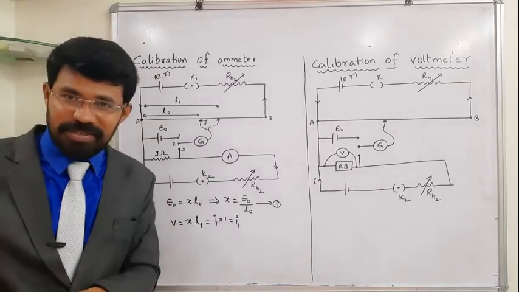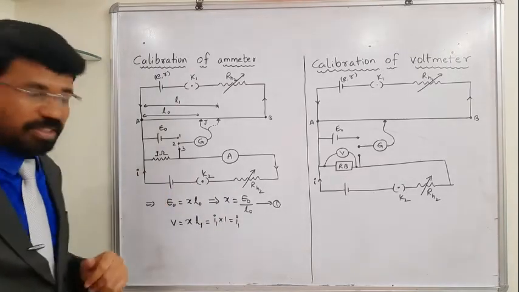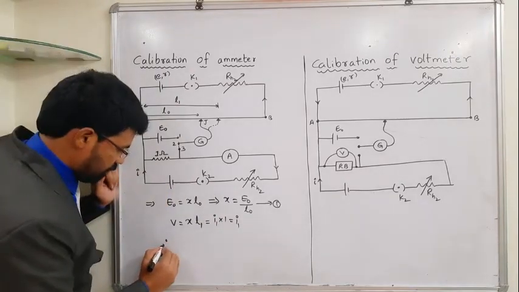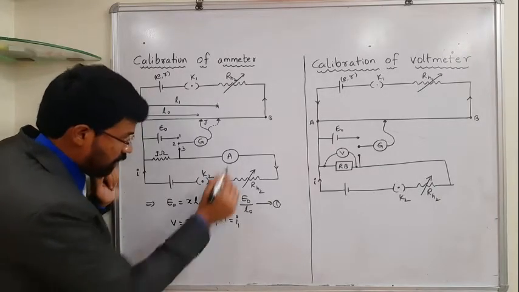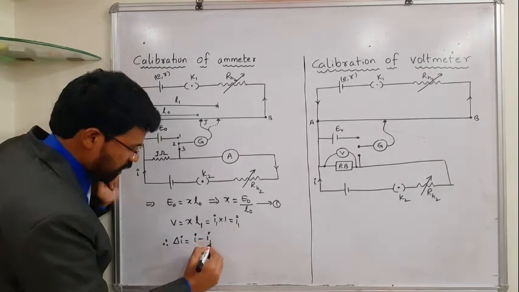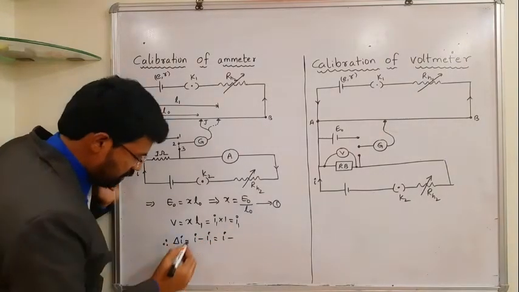That's what the error is. This is the current shown by the ammeter, and this is the actual current passing through the resistance. So the error delta I is equal to the current shown by the ammeter minus the actual current. The current shown by the ammeter I take as I only, minus I1, which can be replaced with XL1.